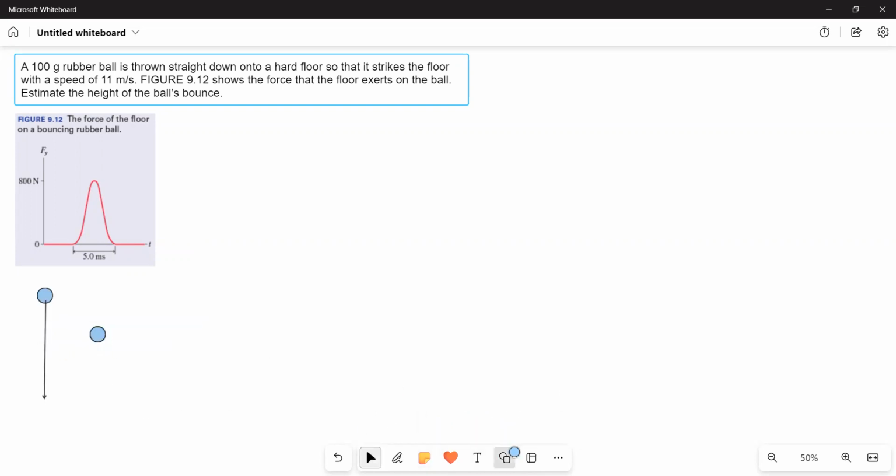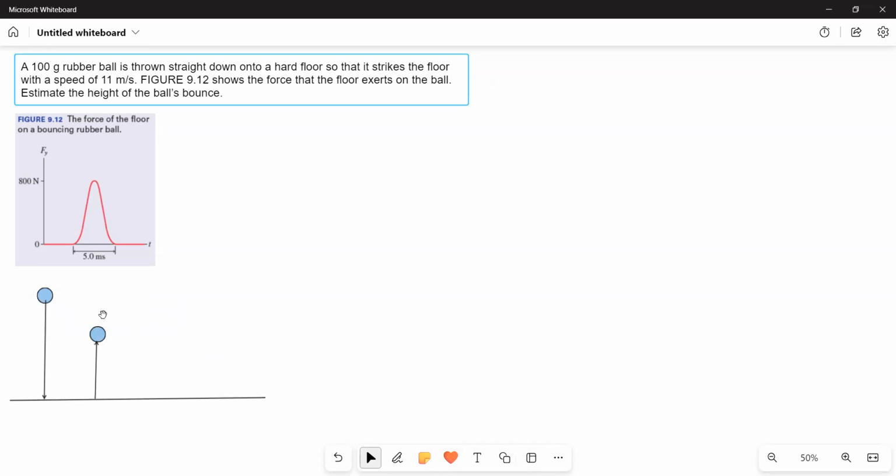Now we have to find out how much height it will go up. Let us draw the picture. This is the floor, and then it is bouncing up.